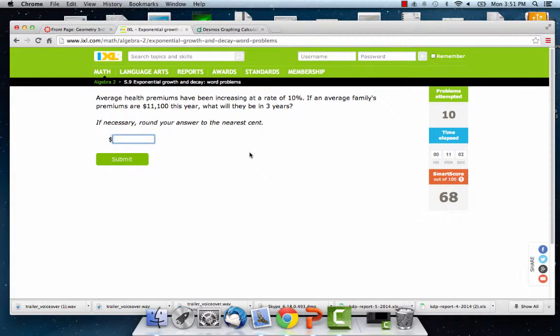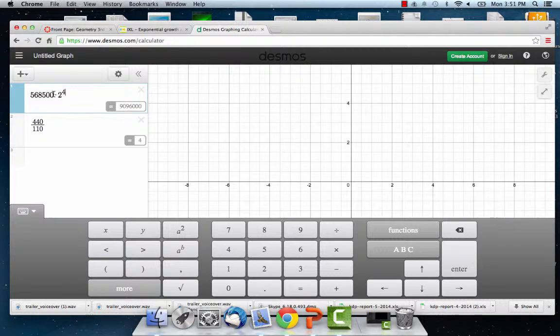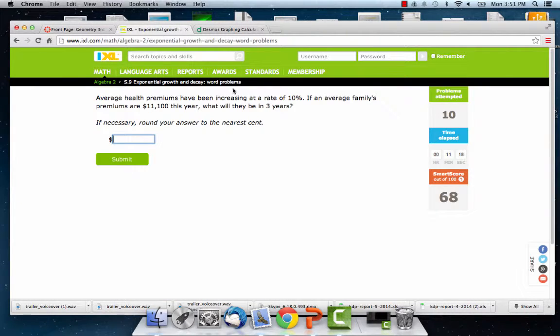Okay, so let's maybe do a couple more here. Average health premiums have been increasing at a rate of 10%. If an average family's premiums are 11,100 this year, what will they be in 3 years?